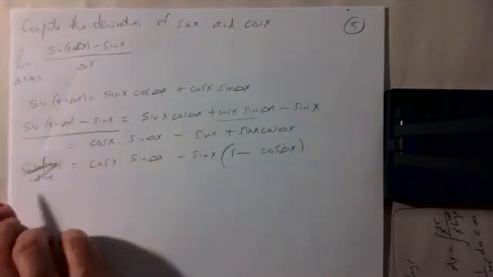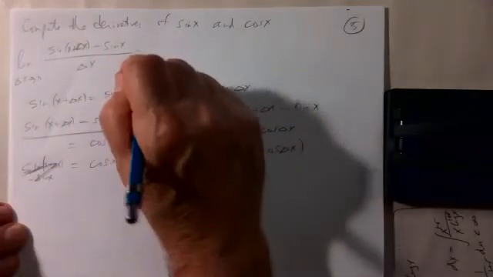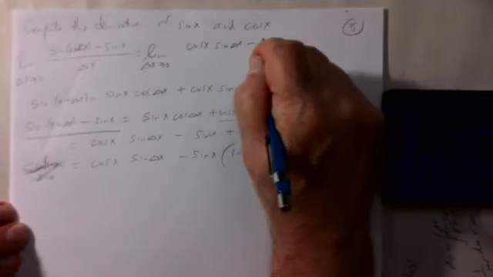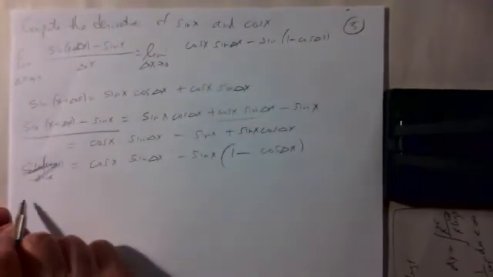So what happens when I divide by delta x? This is the limit as delta x goes to 0 of this expression. Let me write it down here just so there's more room.